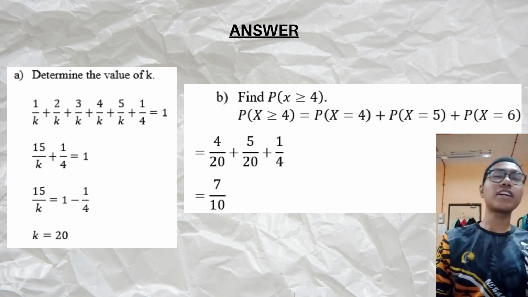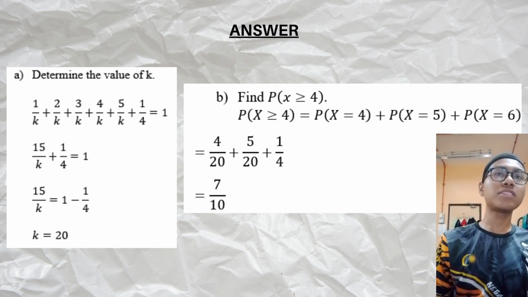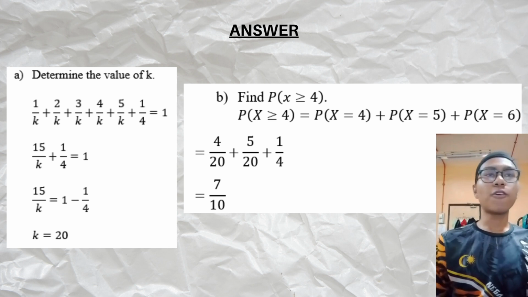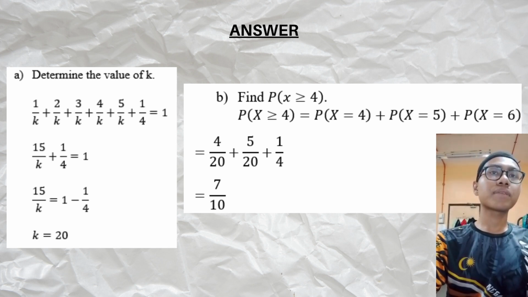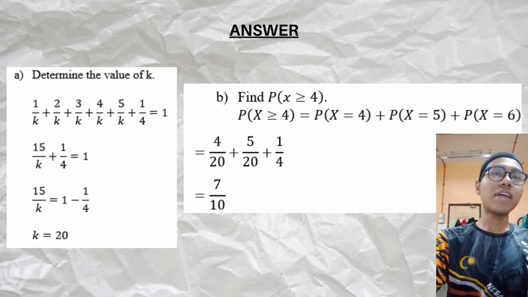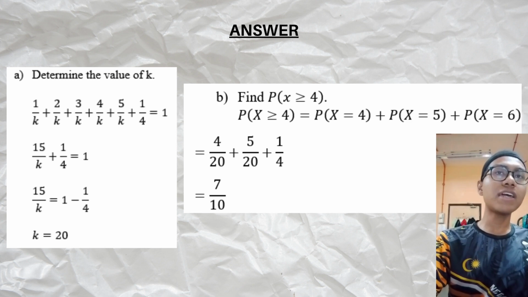So for the answer to question 4.0, for A, we need to place x over k, and we need to substitute x with 1, 2, 3, 4 and 5. So we have 1 over k plus 2 over k plus 3 over k plus 4 over k plus 5 over k.